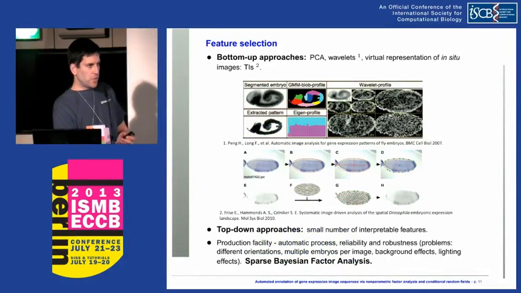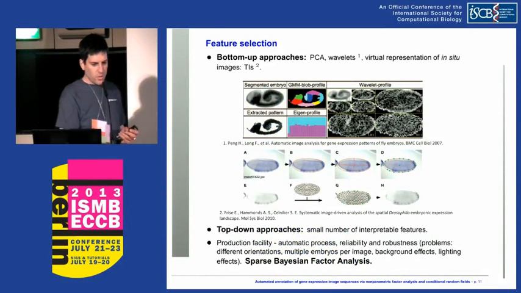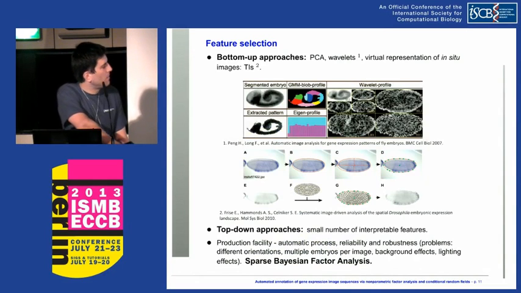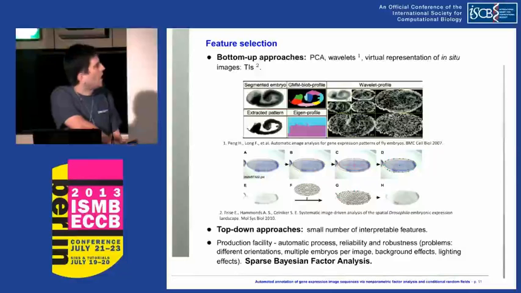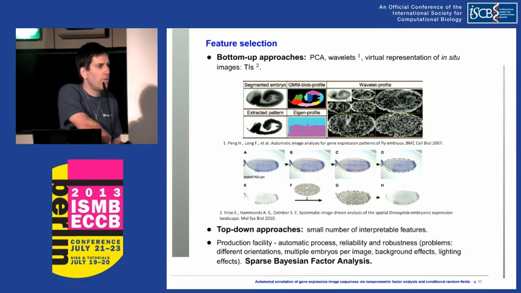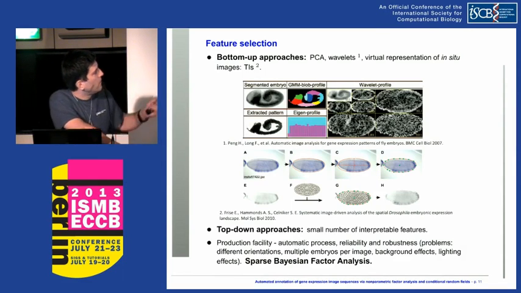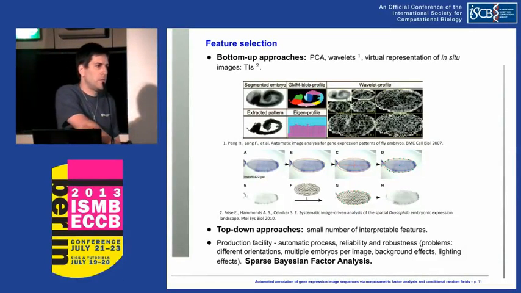Now, in terms of feature selection, I've already heard in the previous talk a very interesting idea, which is to use a bottom-up approach. Given an image, you can run some PCA. You can do wavelets. You can do SIFT. You can even do some visual representation of those images, and you end up with a rather large set of features, in the thousands.